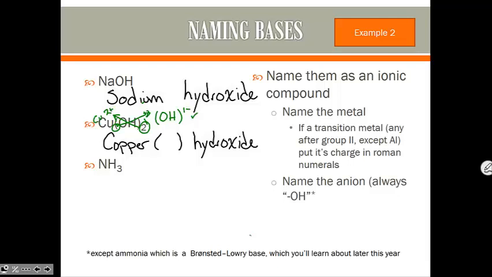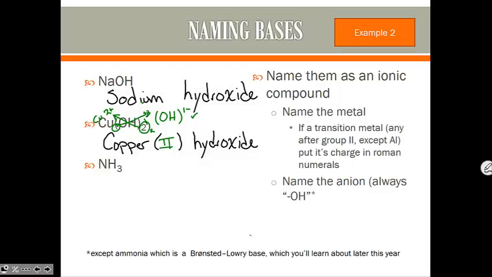Hydroxide is always -1, so this works out. So this is copper 2. Hydroxide being always -1 means that, as a general rule of thumb, you can assume that whatever the subscript is after hydroxide is the charge or oxidation state of any transition metal that forms a base.